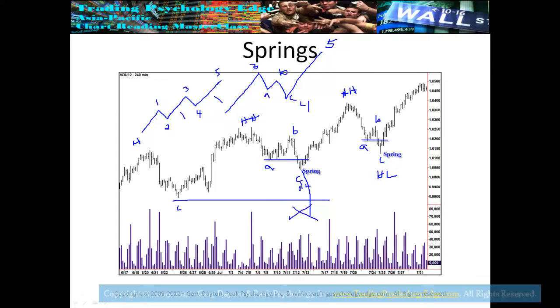As long as this is happening and we get these ABCs, the odds favor that they're going to be corrective waves, and when they spring, they can be very good trades, and they go on for a while. And unlike a regular spring, where the objective is here, an ABC spring, the objective is to put in a new swing high, okay?